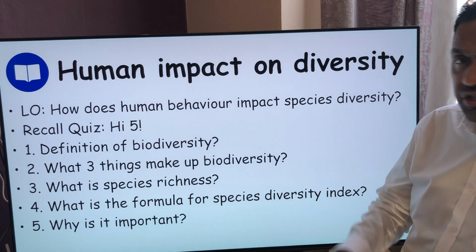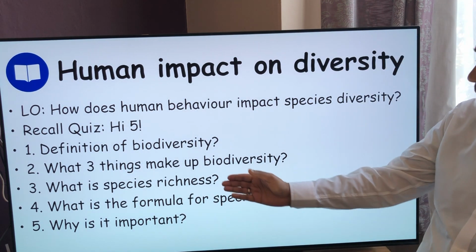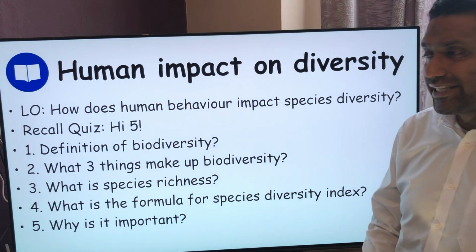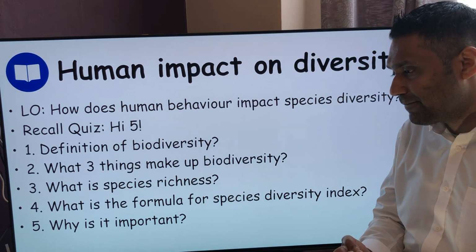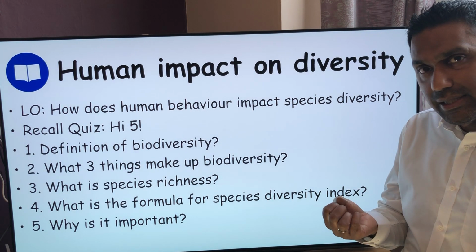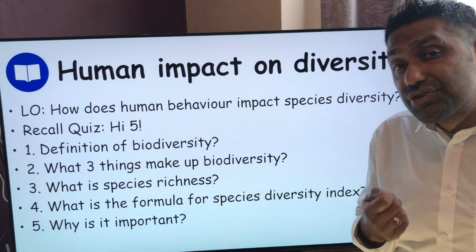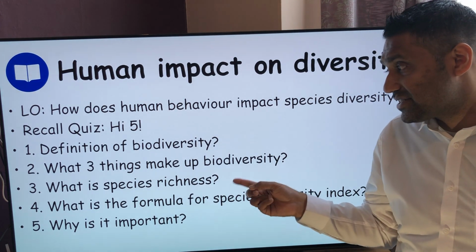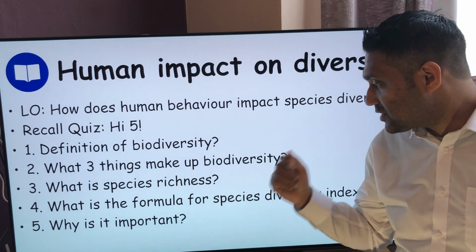What is species richness? We didn't actually talk about this last time. But ultimately, species richness is another way of describing species diversity. It's to do with the number of species and the abundance of that species. Now when we do the species diversity index, which we'll come into next, it's all to do with the species diversity.